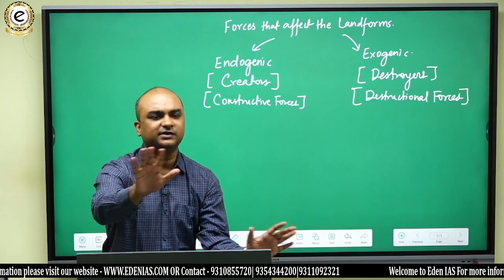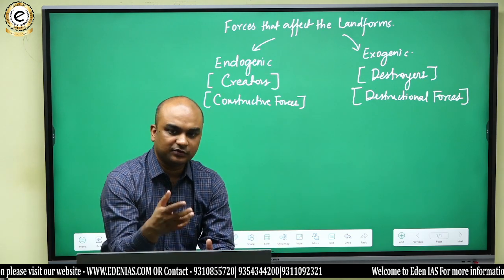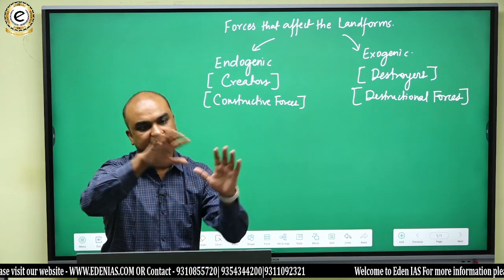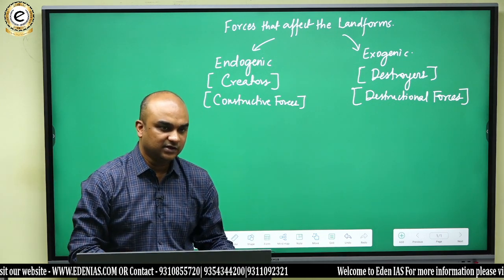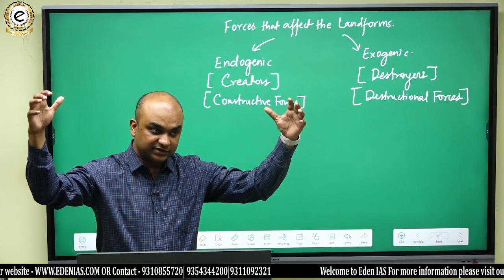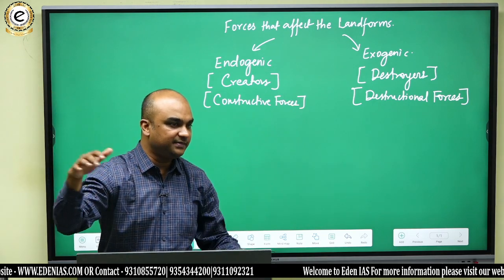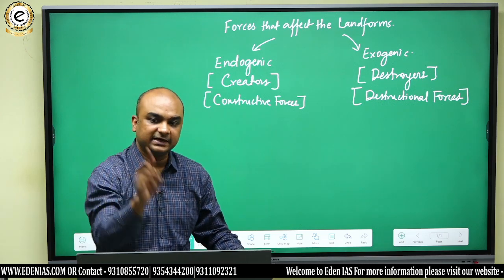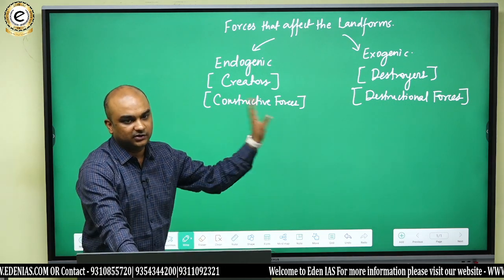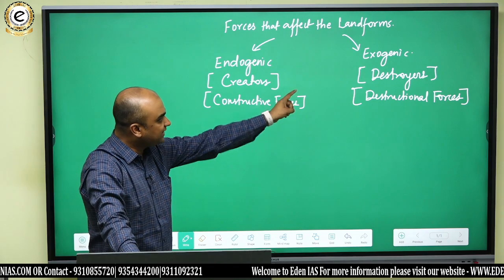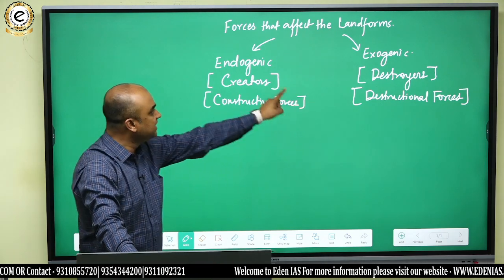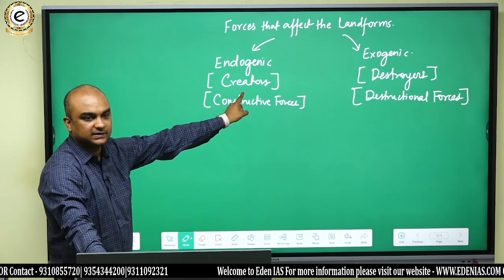How do they originate? We'll try to understand that in a moment. But they originate from the Earth's interior and they create the landforms over the surface of the Earth. Whereas exogenetic forces, they originate from Earth's atmosphere and they destroy the landforms that are created by the endogenetic forces. Got it? That's why exogenetic forces are also known as destroyers, whereas endogenetic forces are known as creators.